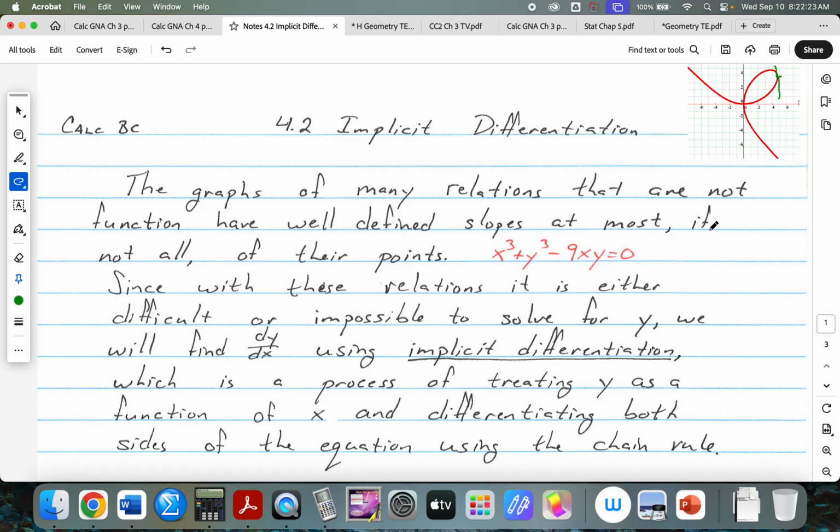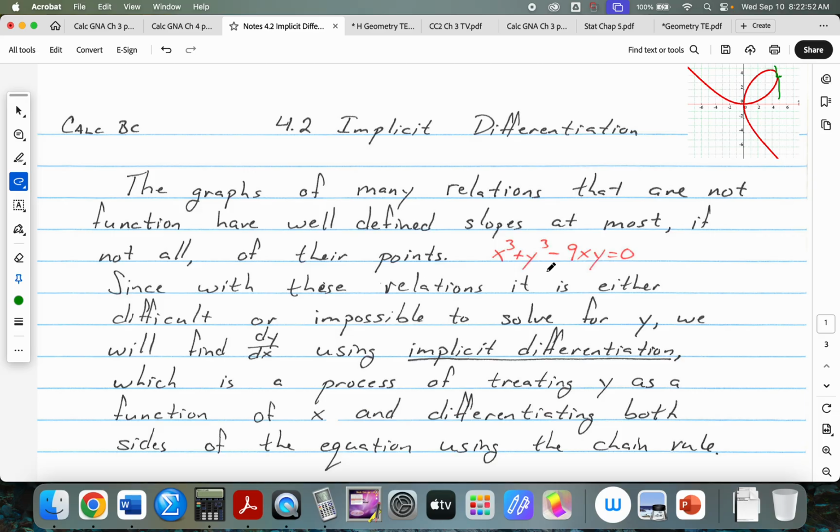The problem is, think about trying to solve that for y. You immediately are like, oh, that's going to be ugly, because you've got two different y's in there. It would not work out very nicely. In fact, I don't know any way to do it off the top of my head.